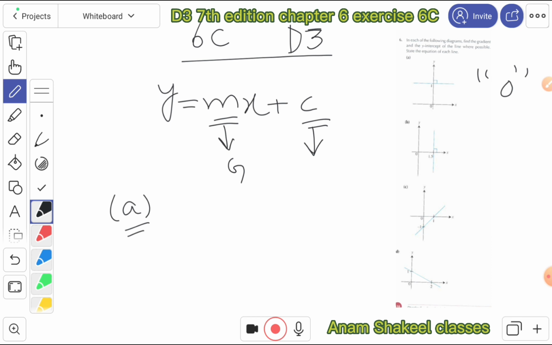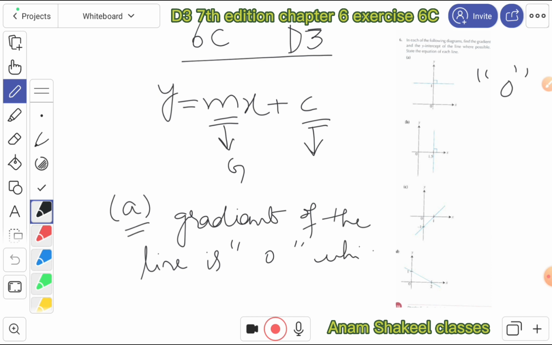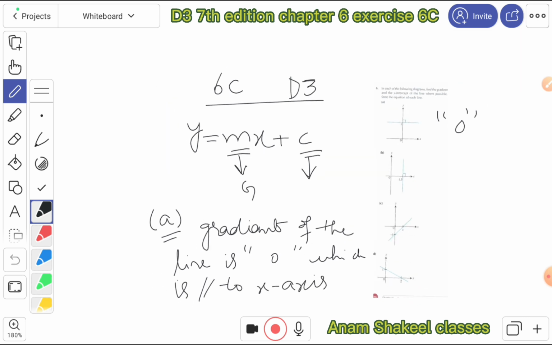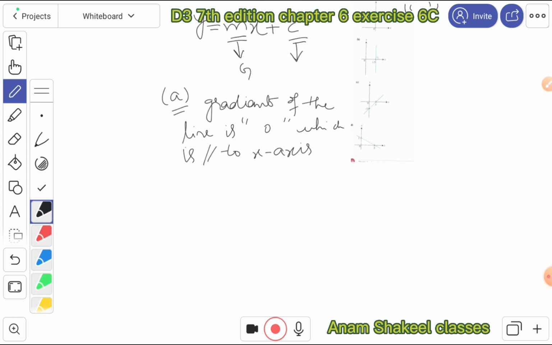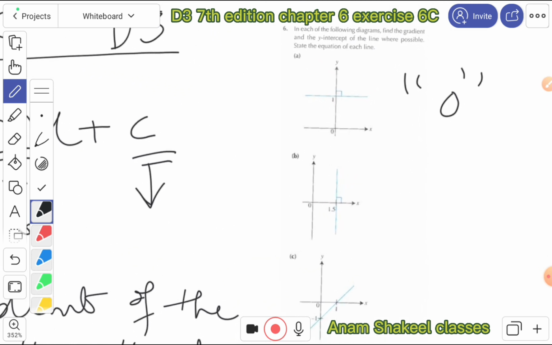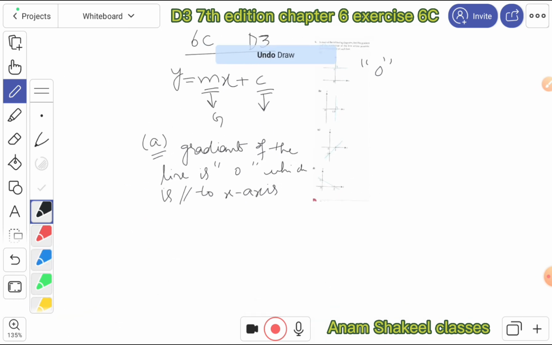So the gradient is 0. What will remain? The y-intercept. Here the y-intercept is 1, so y = 1 is simply the equation of this line. So we will write y = 0x + 1.